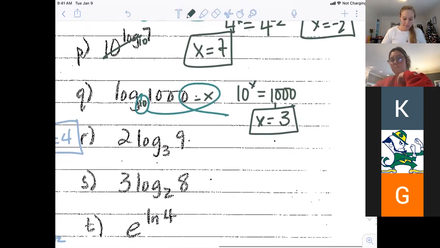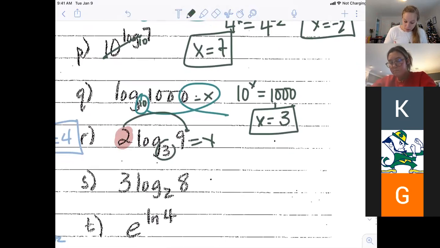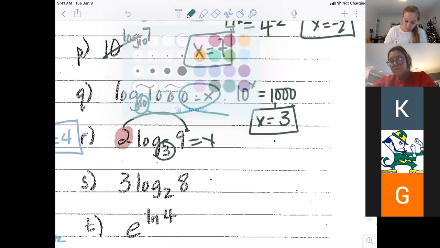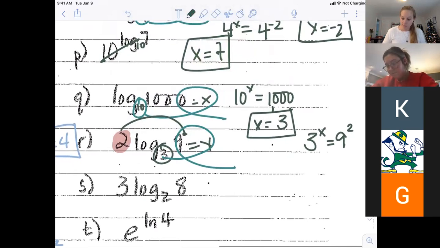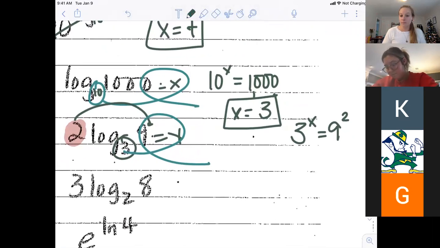Three more. Ooh, on these next two, I've got a number out front, so don't forget that number out front is the same thing as an exponent. So I'm gonna do 3 to the x equals 9 to the second. 3 to the x equals 9 squared. Well, if I want to make 9 have a base of 3, 9 is 3 squared.